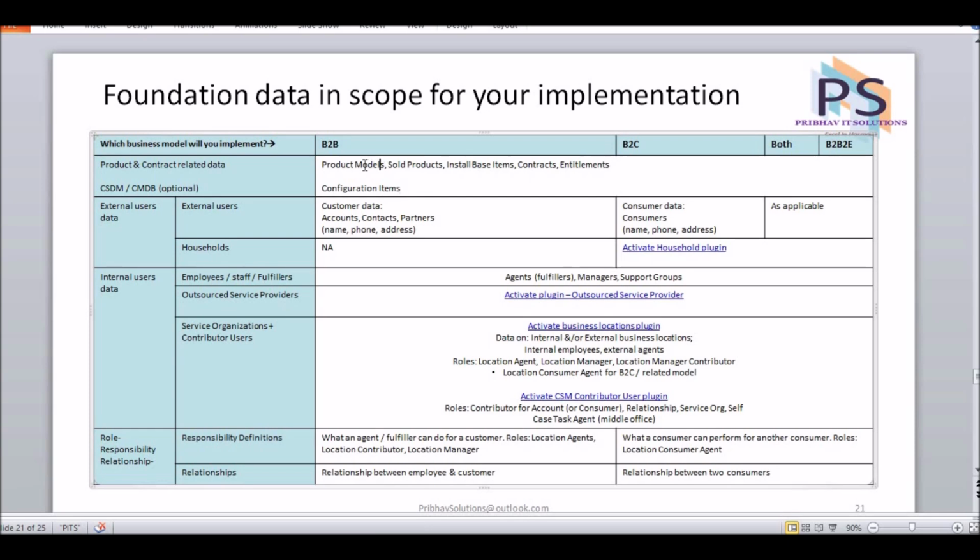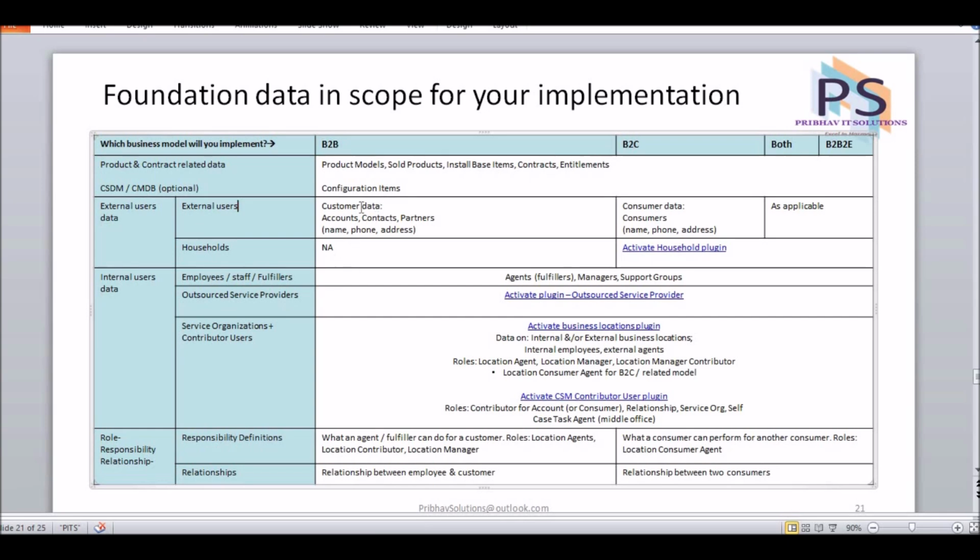We need to maintain the product models, that is sold product, install base items, contract, entitlement, and configuration items. Configuration items basically come from the sold product and install base product. External data also we need to maintain to ensure the customers are able to communicate with the suppliers.